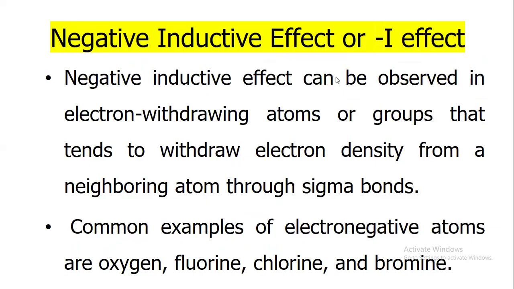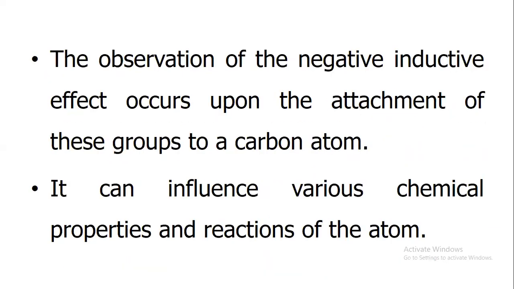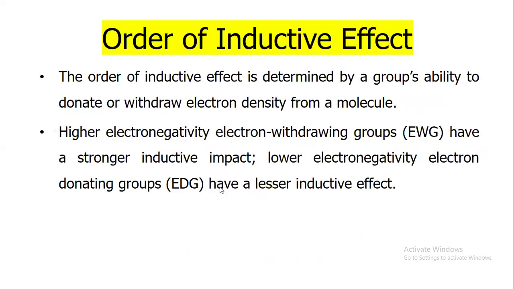Negative inductive effect can be observed in electron withdrawing atoms or groups that tend to withdraw electron density from neighboring atoms through sigma bonds. Common examples of electronegative atoms are oxygen, fluorine, chlorine, bromine. The negative inductive effect occurs upon the attachment of these groups to a carbon atom. It can influence various chemical properties and reactions of the atom.